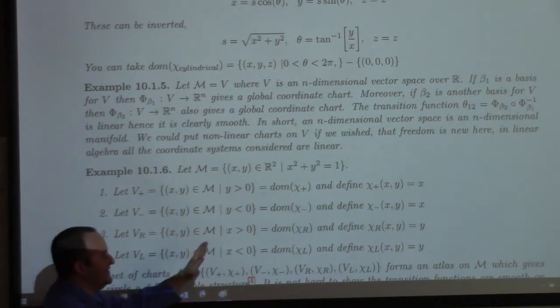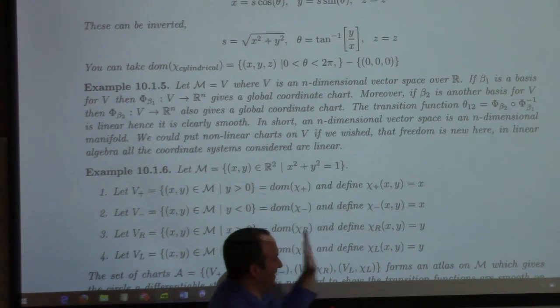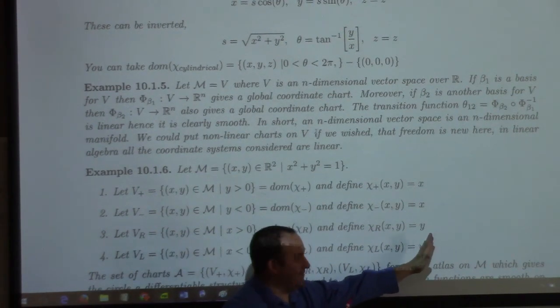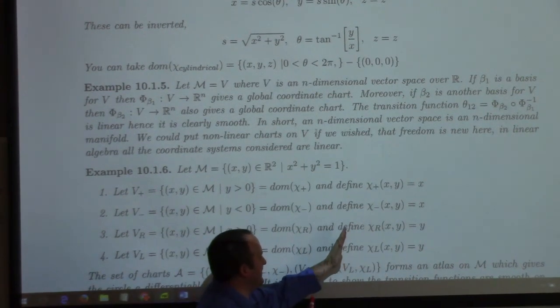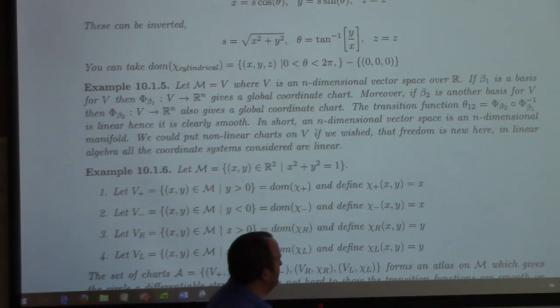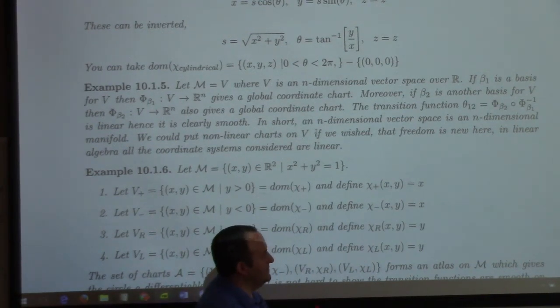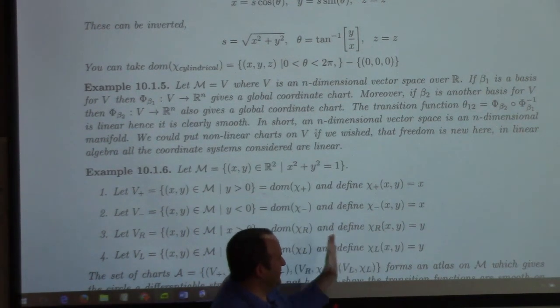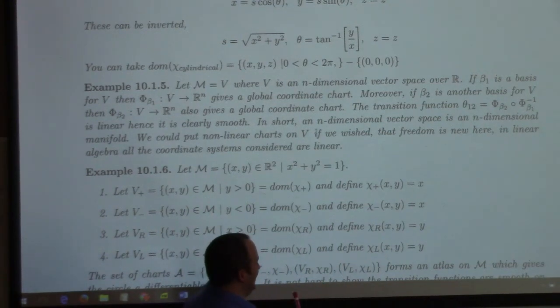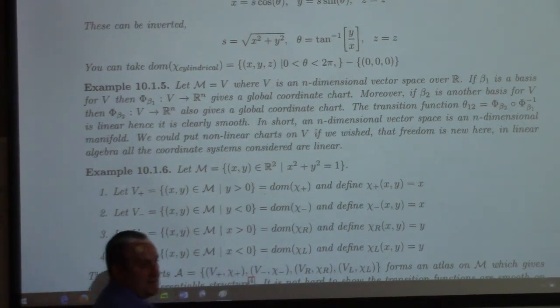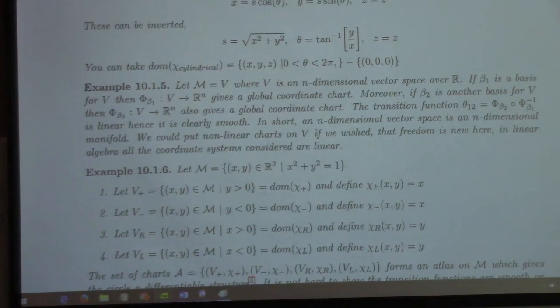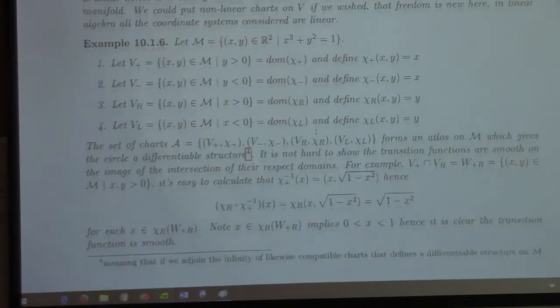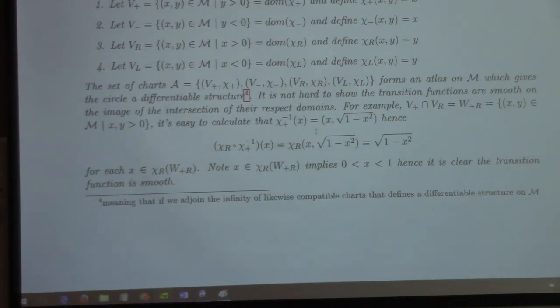What you do is you project right, or project down, I think it is. This squashes y: project down, project up, project to the right, project to the left. I've got pictures eventually.